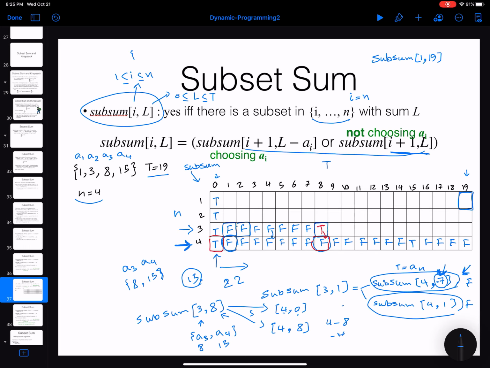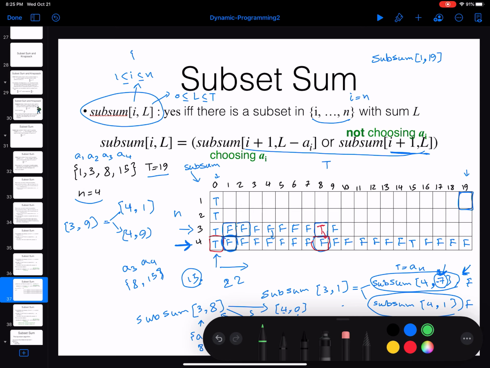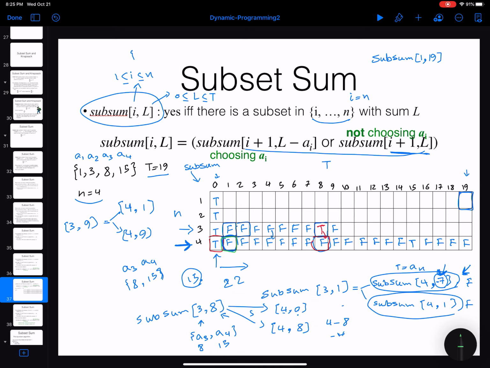And the rest of these cells are going to be false. For example, for 9, the answer for the cell 3 and 9, this cell in the table, is going to come from these two cells: 4 and 1, or 4 and 9. 4 and 1 is here. 4 and 9 is here.